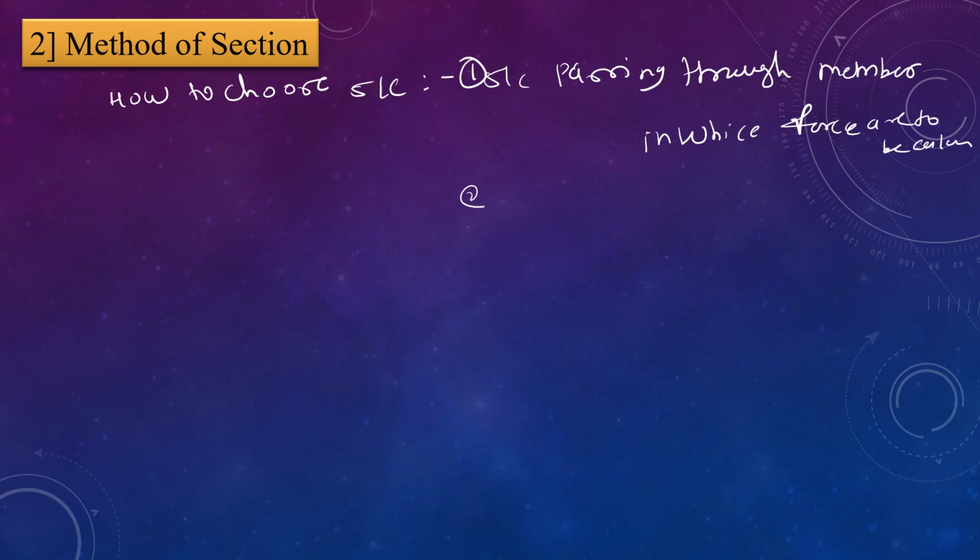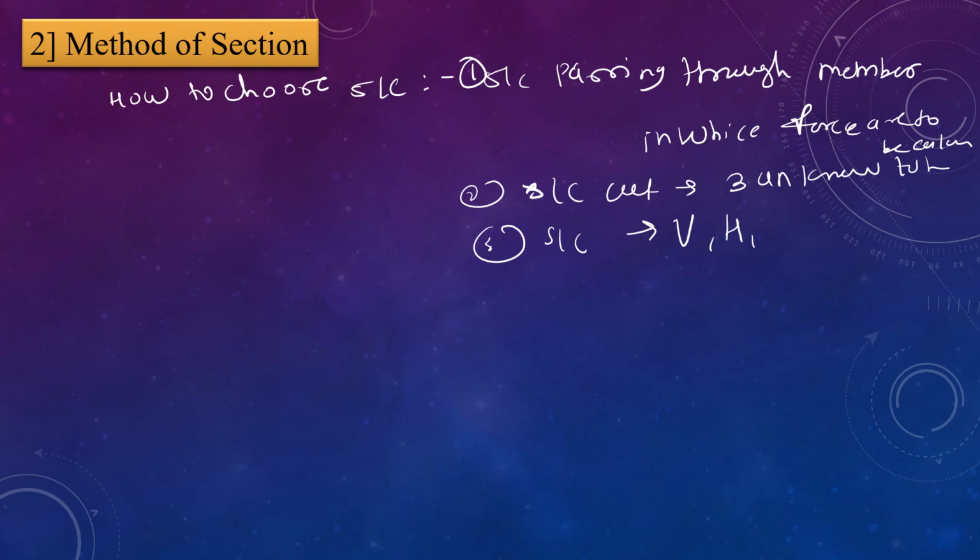Next, when the section is cut, three unknowns should be formed. And third, the section can be vertical, horizontal, inclined or zigzag. These kinds of sections you can form.